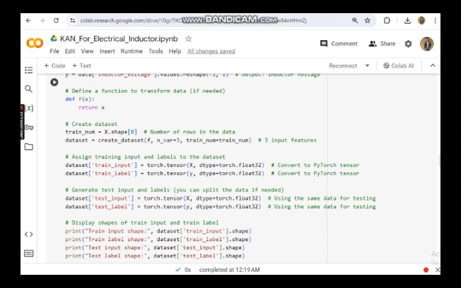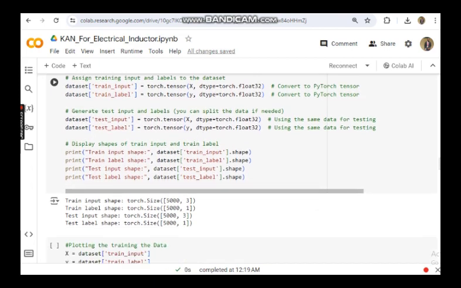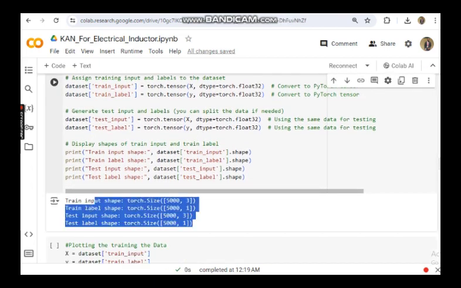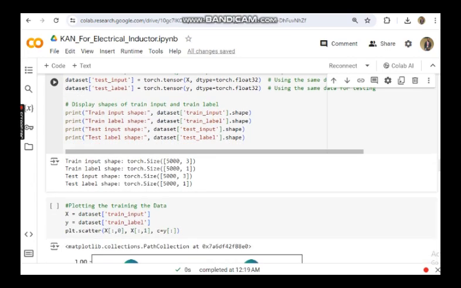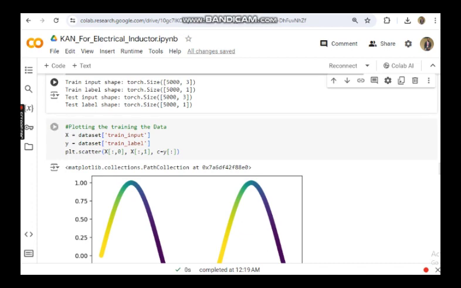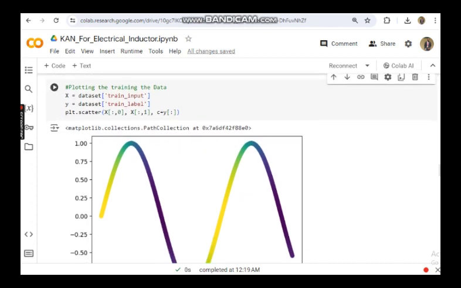We split the data and turn the data into tensors, some of it for the training set and the other for the testing set. So this is the output and the sizes of the data. It has 500 rows and so on. Then we can also plot how this data is going to appear.